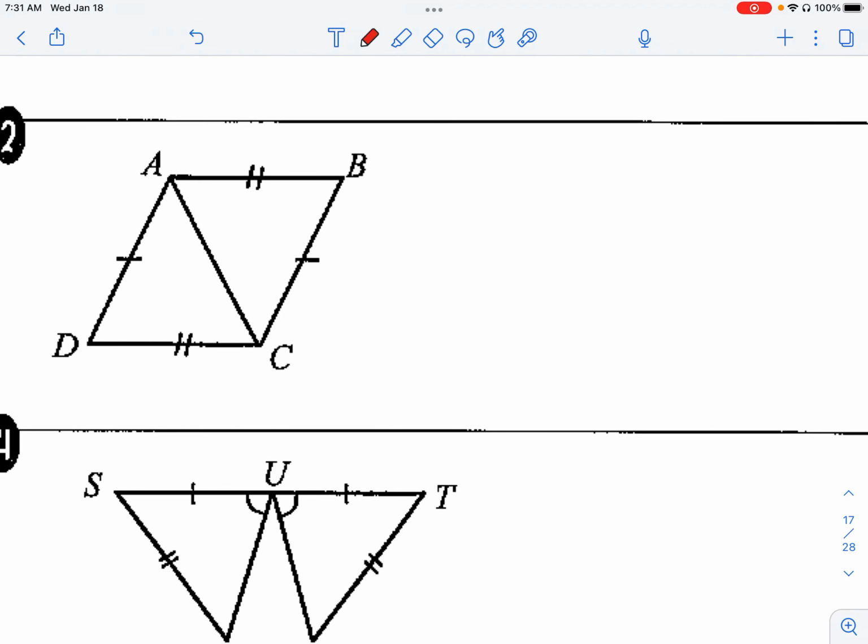Let's look at number 2. All right, we got a side. We have a second side. We have no angles that are shown congruent, but they do share a side, and by the reflexive property, AC is congruent to AC, so we have side, side, side.